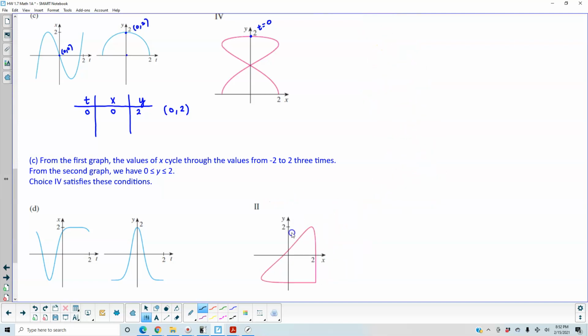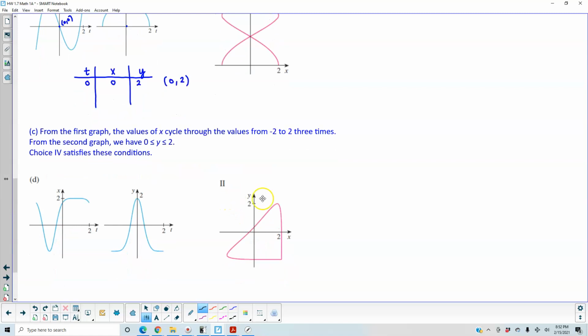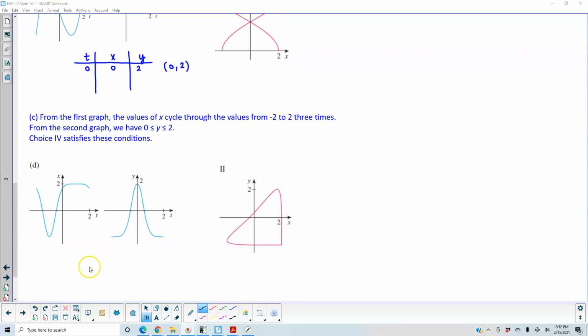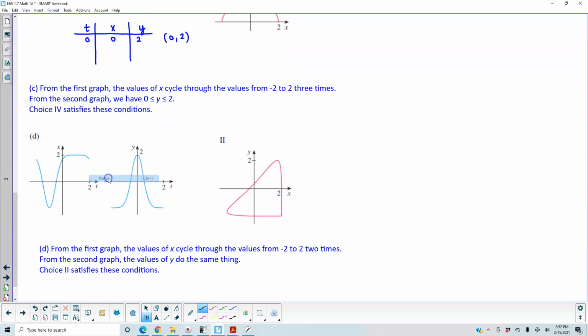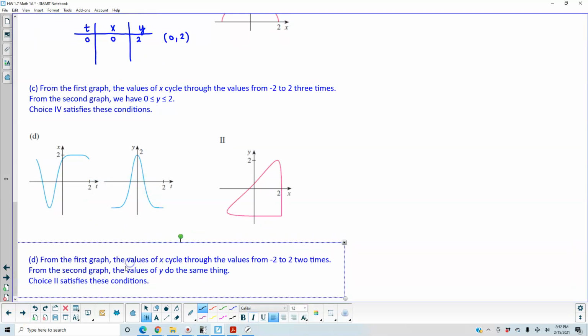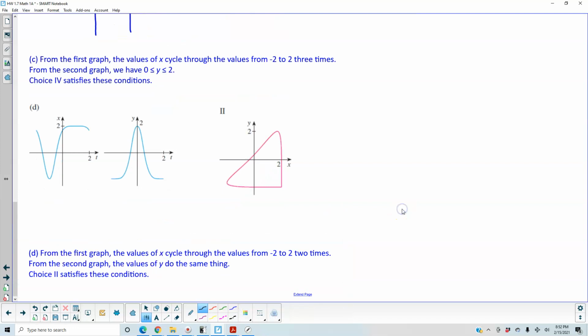So we should know then that part D, or graph D, is going to match with number 2. And by matching it with 2, if we wanted to create a table first, we have a value of t, and then x, and then y.